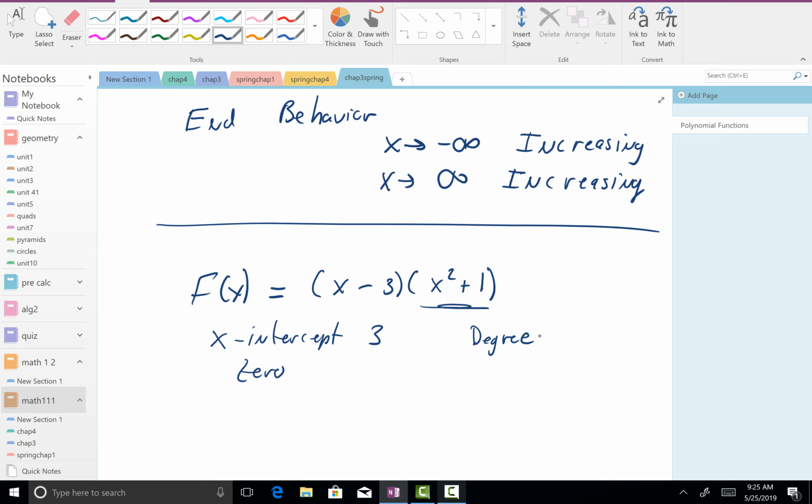So the degree is 3, x-intercepts 3, zeros 3, end behavior: as x approaches negative infinity, degree is odd, it's got to be decreasing.